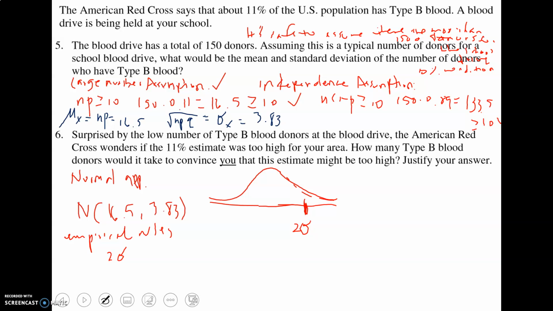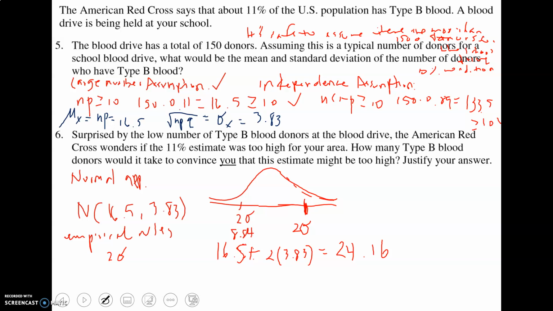So I'm going to do 16.5 plus 2 times 3.83, which is 24.16, and on this side it would be 8.84.